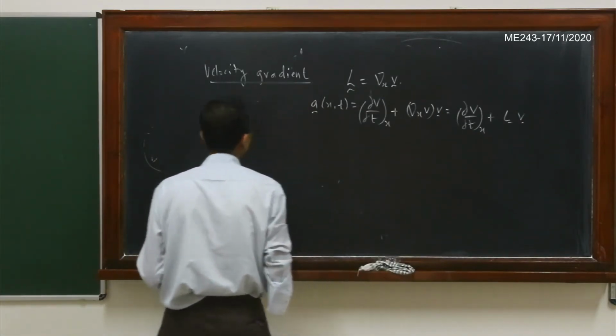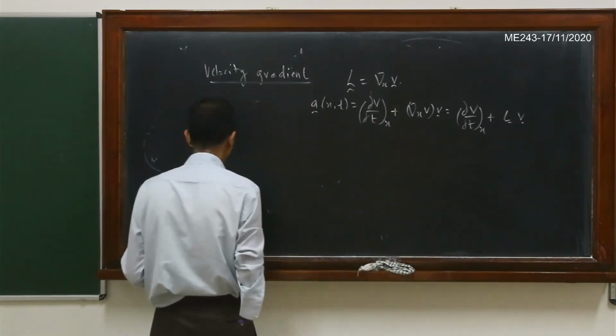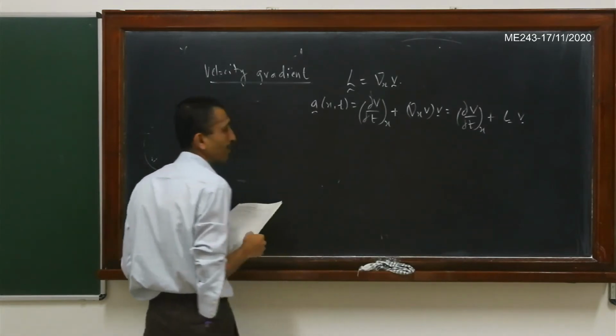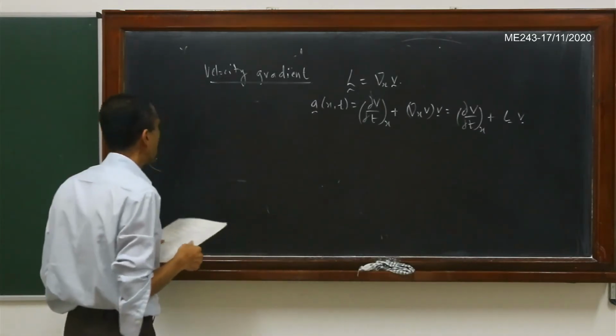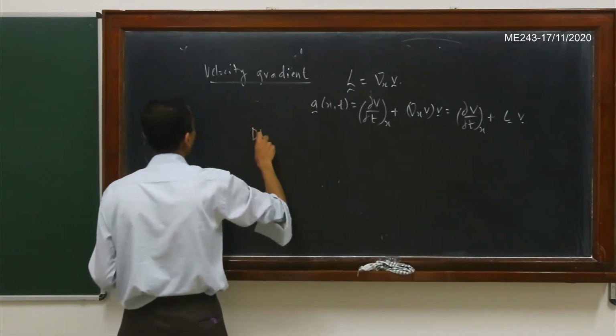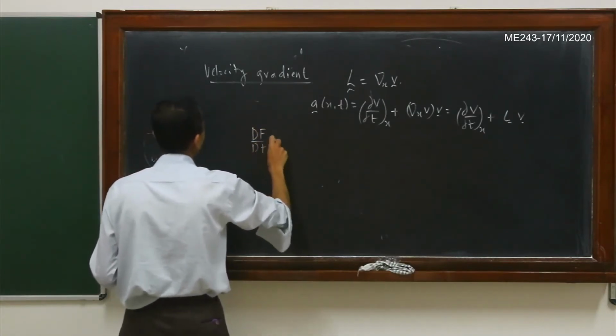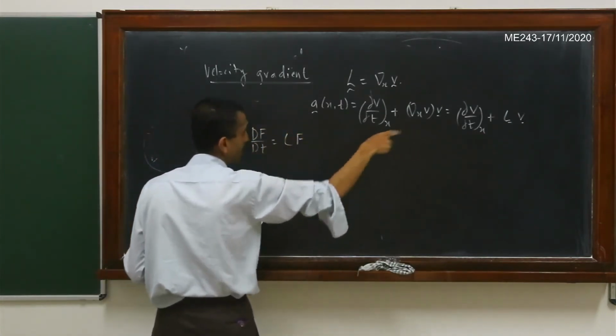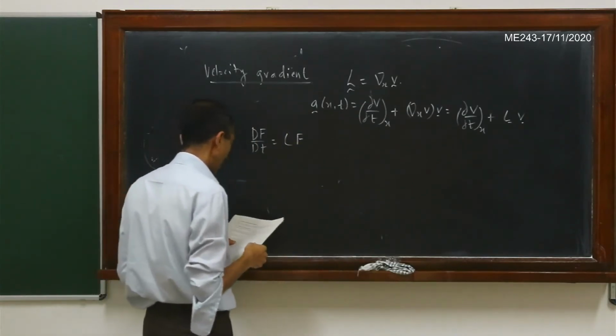So we will now derive certain relations which are going to be useful in subsequent derivations. We will derive now df by dt is equal to L times f, where L is this velocity gradient that I have introduced.